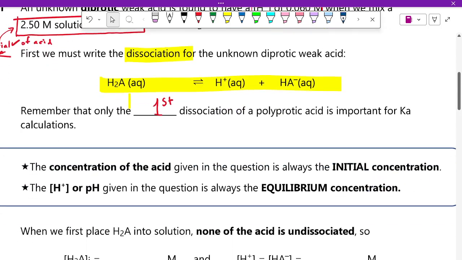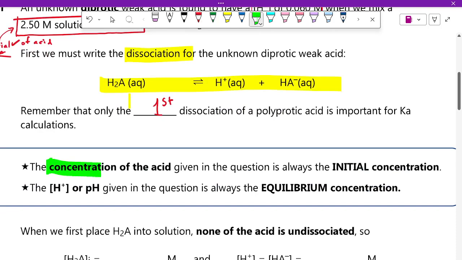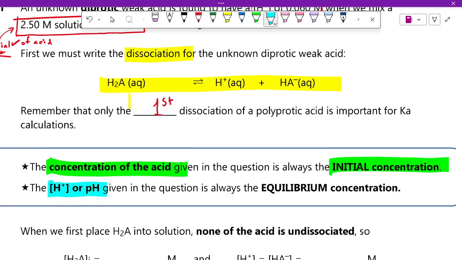So there we go. In this little thing here, the concentration of the acid is always the initial concentration, the hydrogen ion concentration, or you might be given a pH, is always the equilibrium concentration.